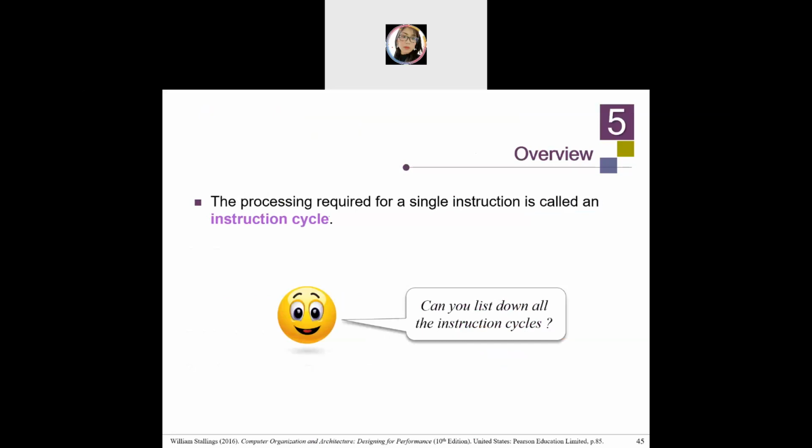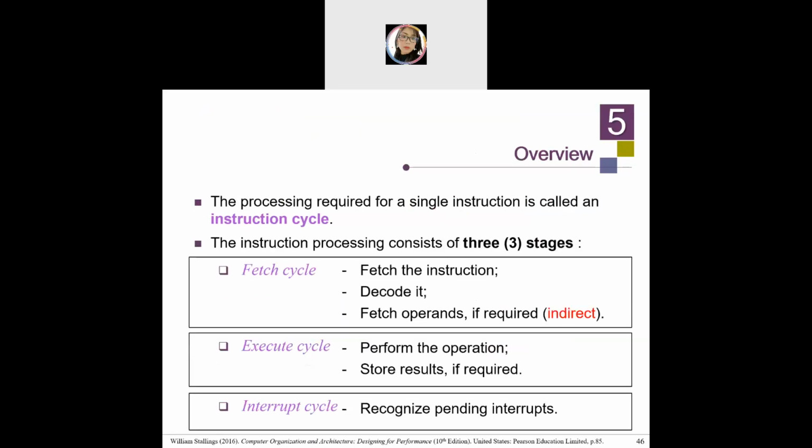The process requires a single instruction, and every single instruction we call an instruction cycle. So there will be several stages, three altogether in our instruction cycle.